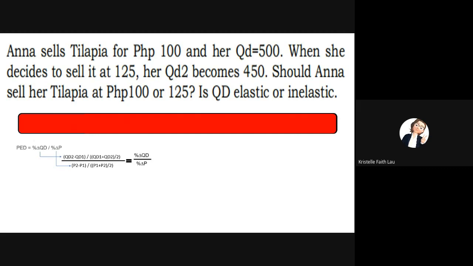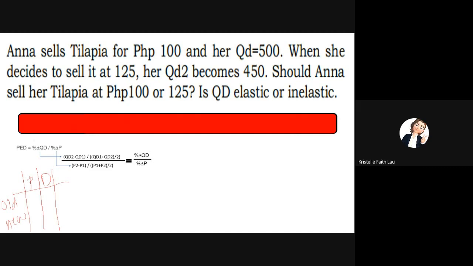Alright, so let's find out together the answer to our second example for today's discussion. So, Anna sells tilapia for 100 pesos. So, this will be her old price. In class, I always make a table. So, for the P, price, then the demand. Let's put old and new so we know which values are new and which are old.